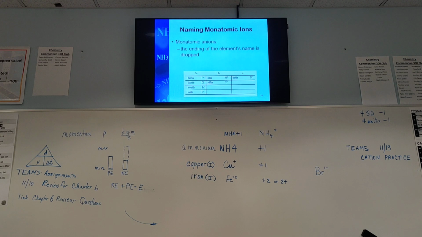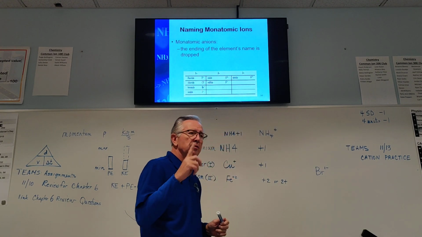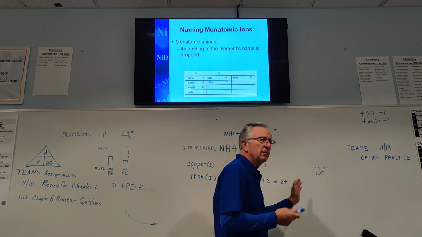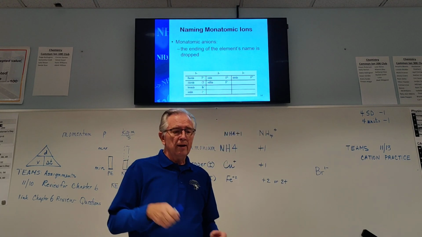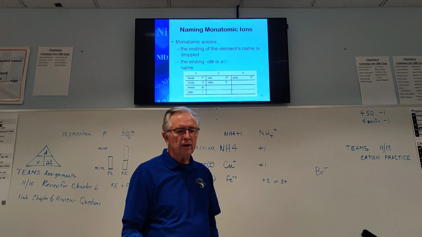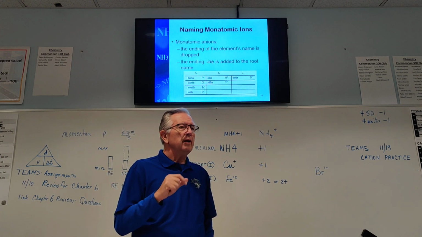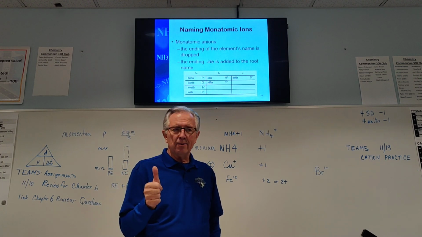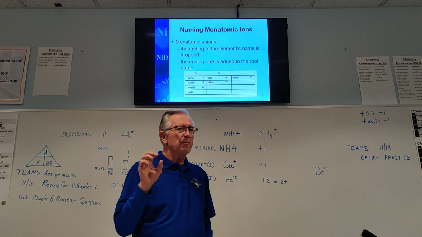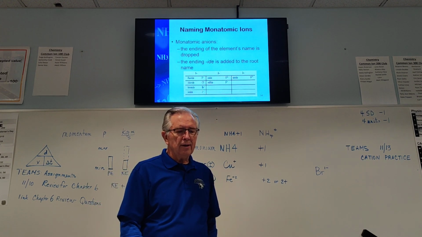So bromine is -1 or 1 negative, and when we name the monatomic ones, the single atom ones, we take the beginning of the name and then we change the ending, the INE, to an IDE. So if it's an anion and it's a single atom, we drop the ending of the name and add the IDE to that.